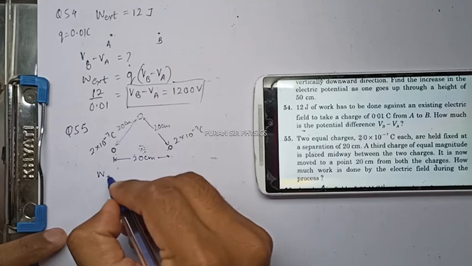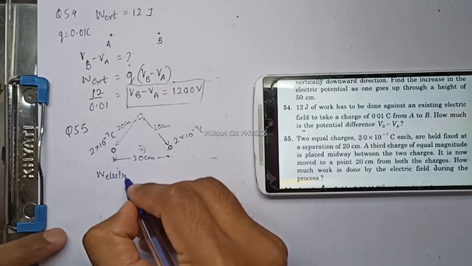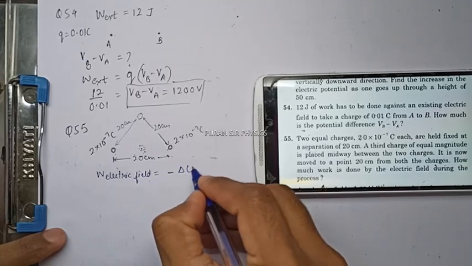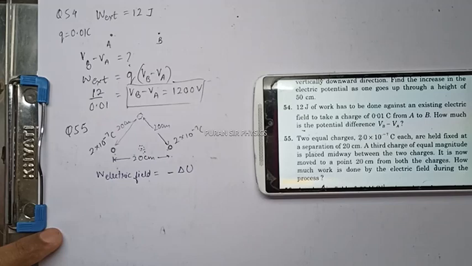So we know that work done by the electric field is negative of the change in potential energy of the system.